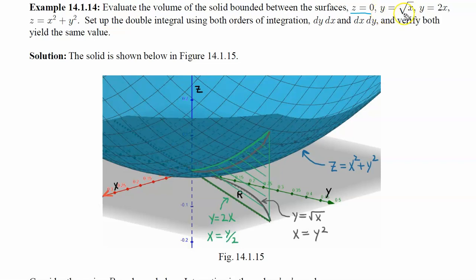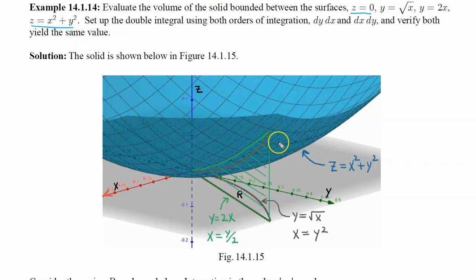Now that's a curve in the xy plane, but if we think of it in 3 dimensions, it'll form a sheet as it comes up out of the xy plane. Y equals 2x. That's another curve in the xy plane, but it forms a sheet when it comes up out of the xy plane. And then z equals x squared plus y squared, that is a paraboloid, right?